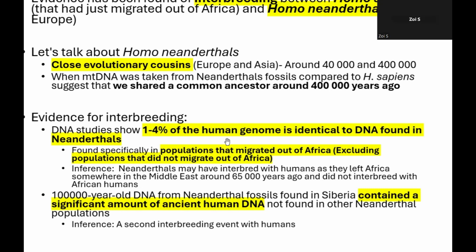And another piece of evidence that also shows that an interbreeding event happened was that about 100,000 years ago, 100,000-year-old DNA from Neanderthal fossils found in Siberia contain a significant amount of ancient Homo sapien DNA inside it as well, which indicated there was a second interbreeding event that happened with humans.